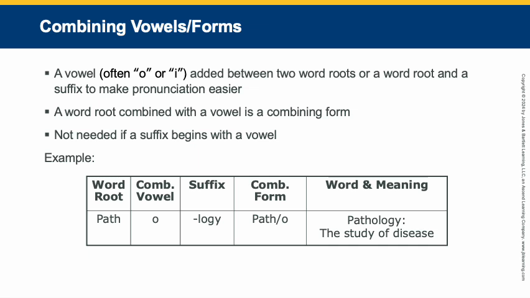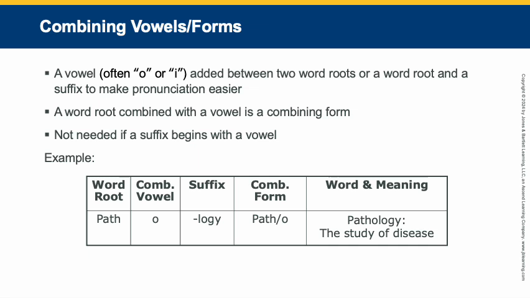So let's look at this example. Path, that's your word root. O is your combining vowel, okay? The suffix is logy. So the combining form is patho, and logy is the study of. Patho is disease, logy is the study of.